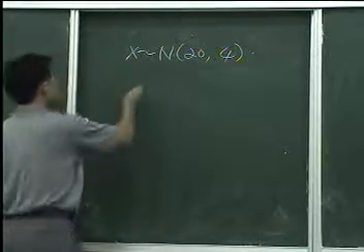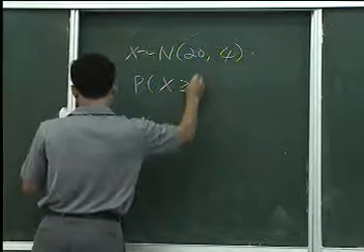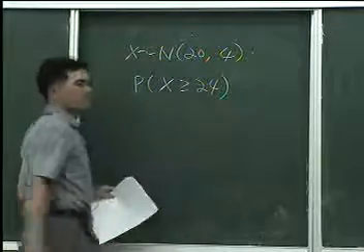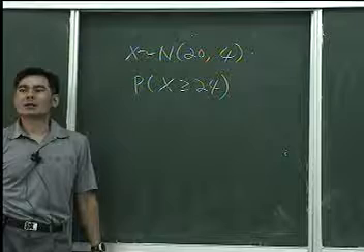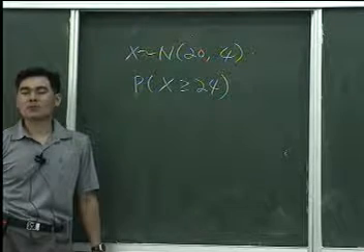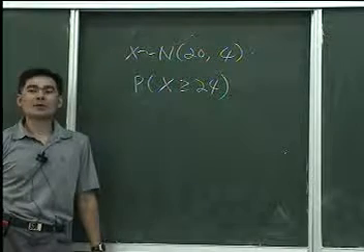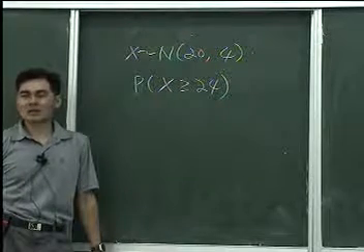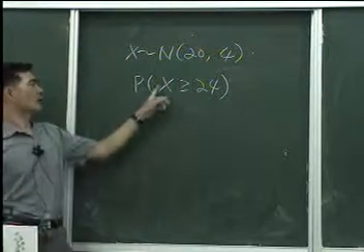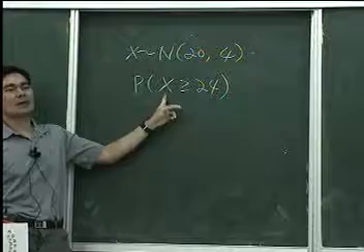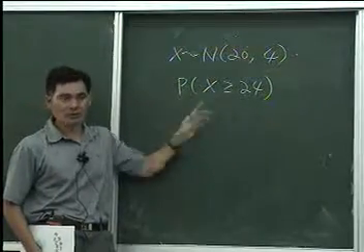And now you are required to find X greater than or equal to 24. Basically, we know it's a normal distribution. Of course, you can check the normal distribution table, but we only have the table for standard normal. So whenever you get X, you want to find a way to change X into Z.